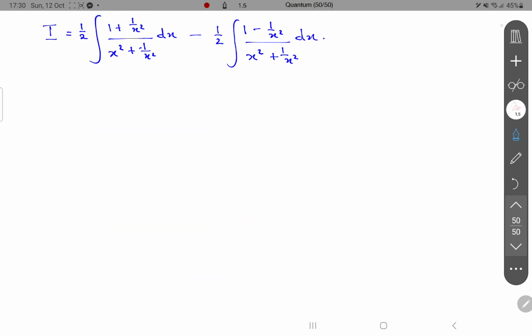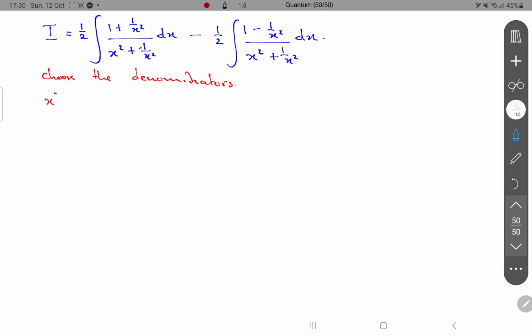Now from there, if we have our integration like this, let's choose the denominators. Let's write all the denominators we have.